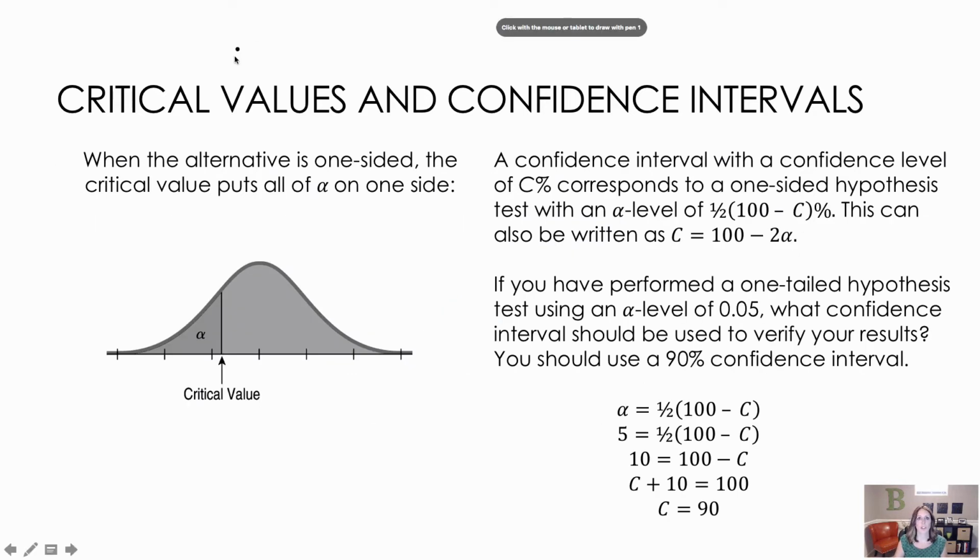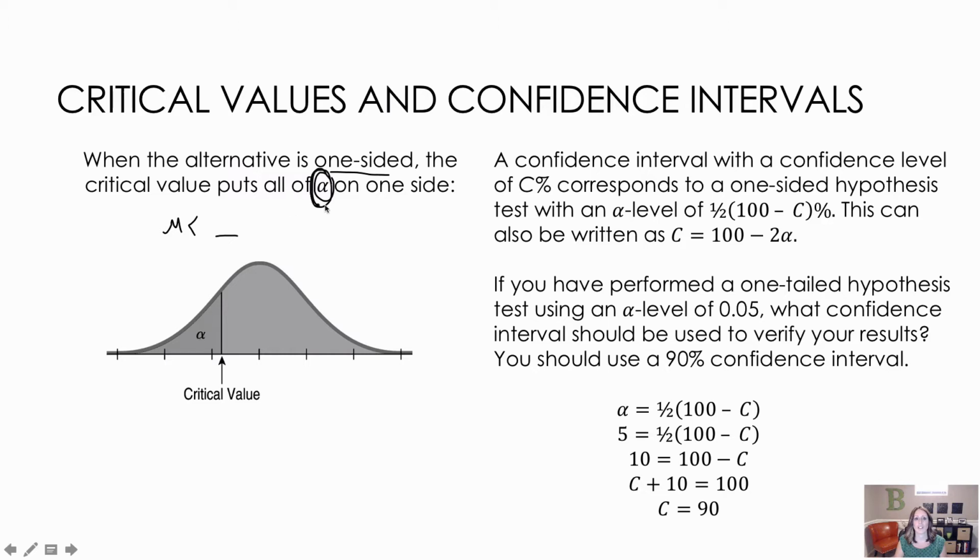Essentially, when we have an alternative hypothesis that's one-sided, like in this case where we would be looking at the mean being less than whatever their value was, this is one-sided, which means all of alpha is on that one side.